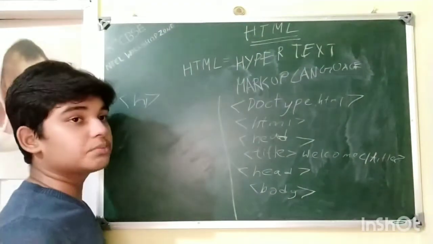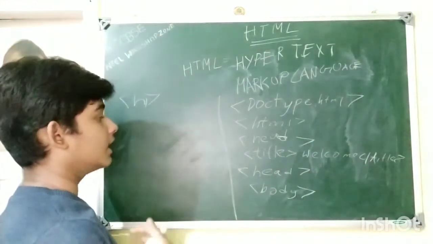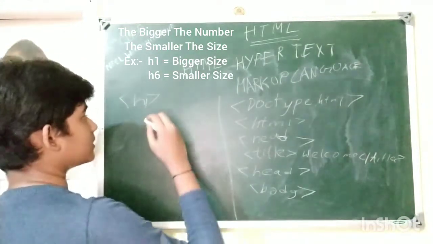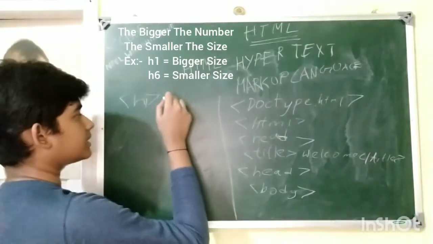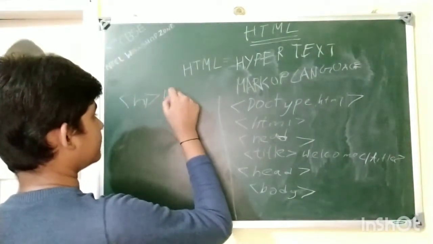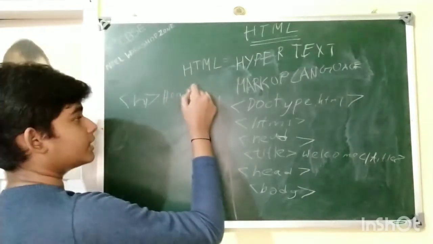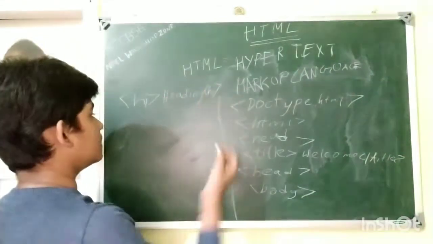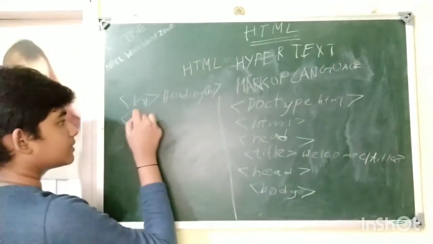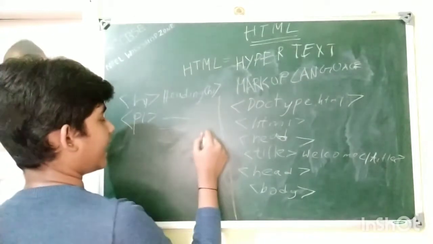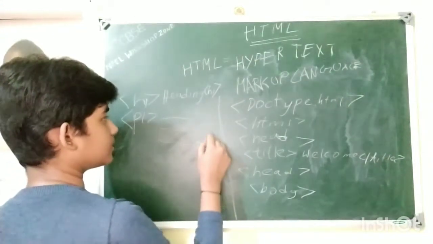In body you can write, for example, H, which stands for heading. There are 6 sizes that you can have in a font. For example, if you write H1, it gives a big font. So for example, let's write <h1> heading. You can write anything you want as the content, but for example, I'm writing like this. Let's say I have a paragraph, and imagine I wrote some paragraph, and let's end it here with </p>.